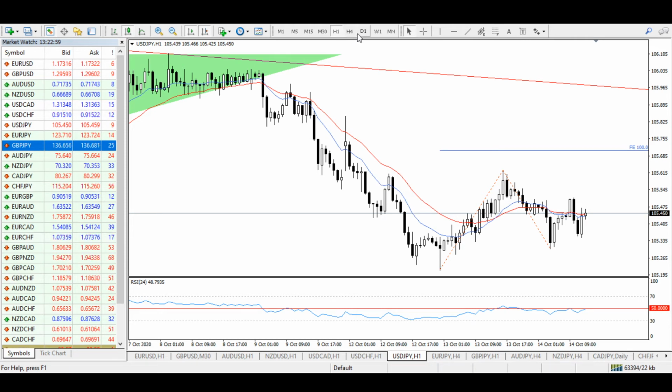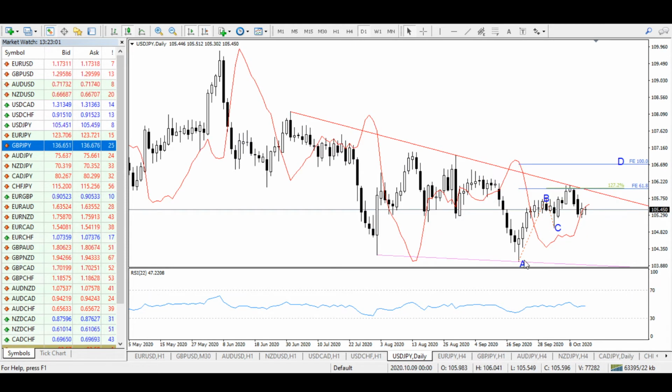So we'll start with the daily time frame. On the daily time frame, we see an A, B, C, D kind of development which was completed at 127.2% of BC retracement, which was also the 61.8% of AB, and that was also the intersection point of this downtrend line, this red line.